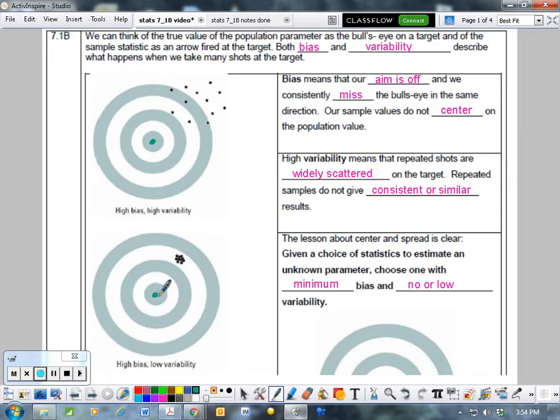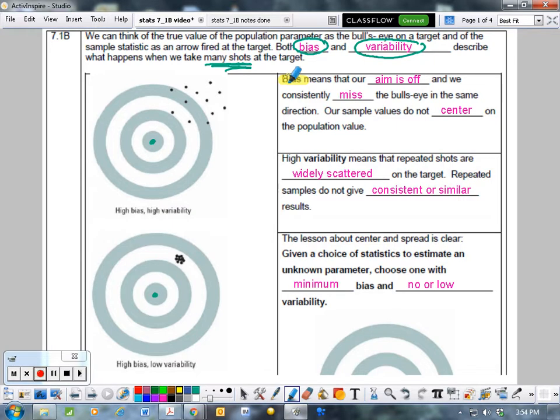Both bias and variability describe what happens when we take many shots at the target. Our first thing is bias. Bias means that our aim is off, so we're consistently missing the bullseye in the same direction. Our sample values do not center on the population value.